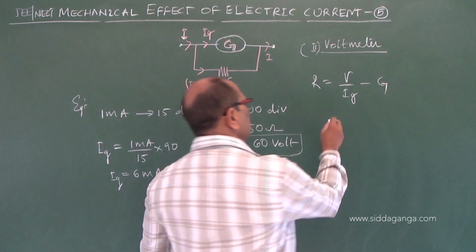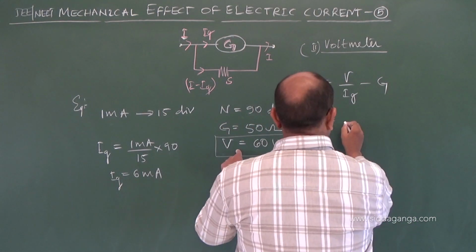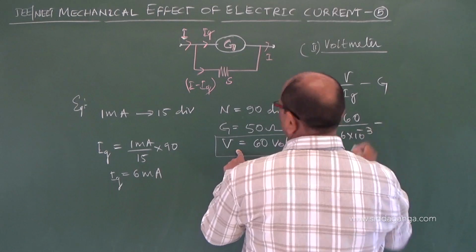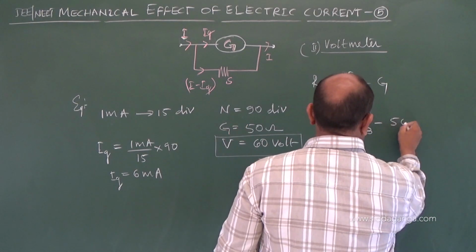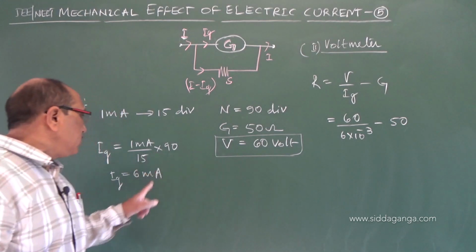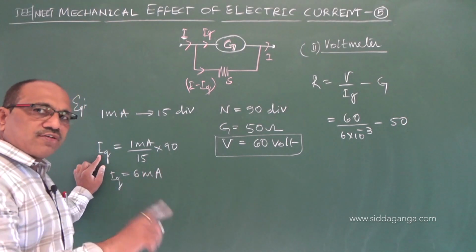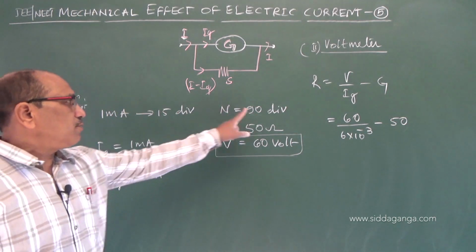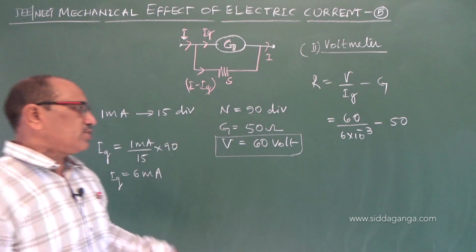So the solution is easier here. V is 60 volt by 6 milliamps minus 50. I hope you have understood how we are estimating the 6 milliamps. It is the current for full scale deflection in the galvanometer. 1 milliamp for 15 divisions, therefore 90 divisions is 6 milliamps.